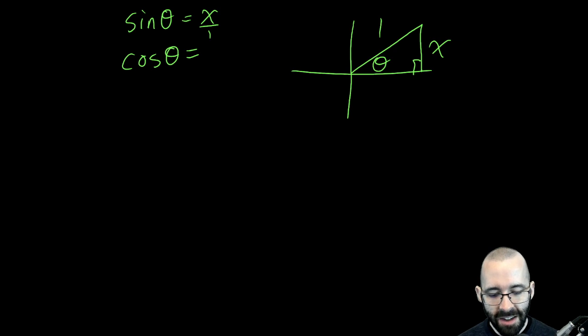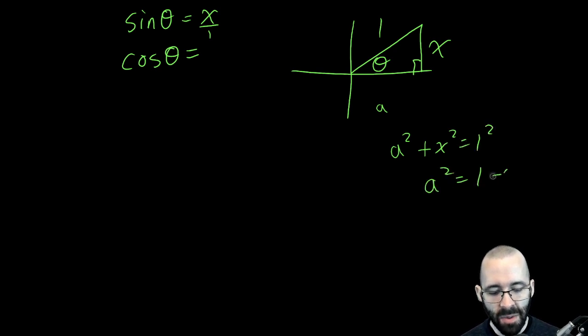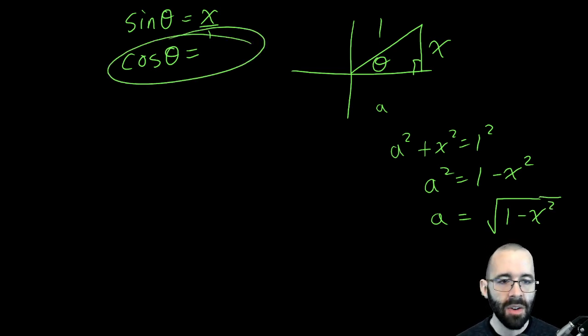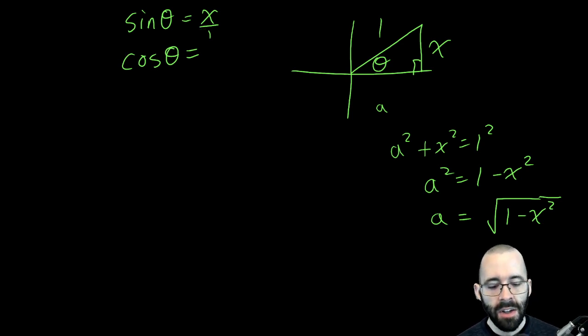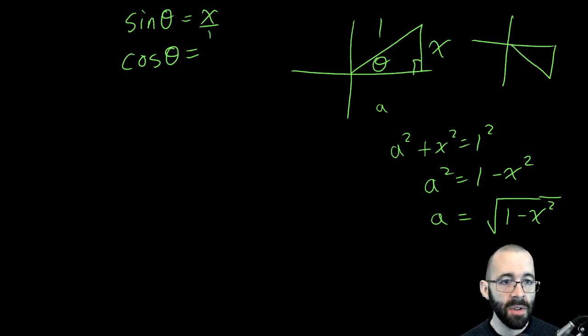We have to use the Pythagorean theorem. If this side is some a, then a squared plus x squared equals 1 squared. So a squared is 1 minus x squared. A is normally plus or minus. Why do we not need the minus? We don't need the minus because we know cosine's positive here. We talked about why earlier. You can see it again in this situation: theta is between positive pi over 2 and negative pi over 2.